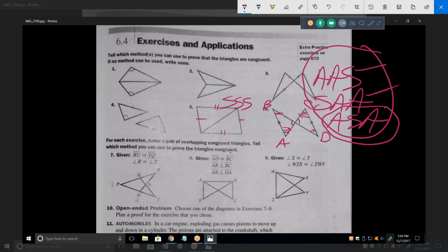For example, if I said, are these equal? And I give you this side is equal to that side, and this angle is equal to that angle, and that angle is equal to that angle.